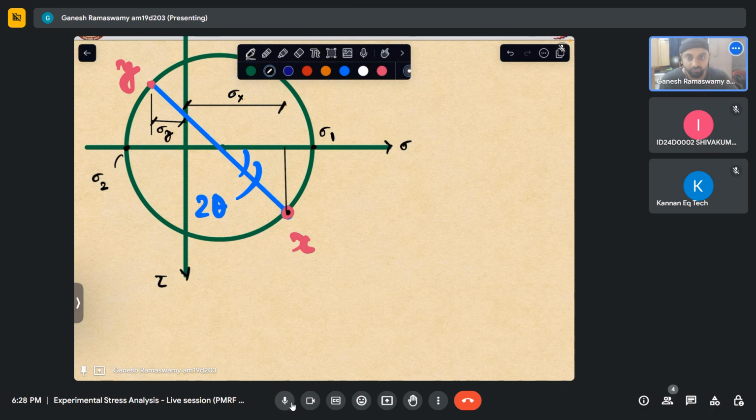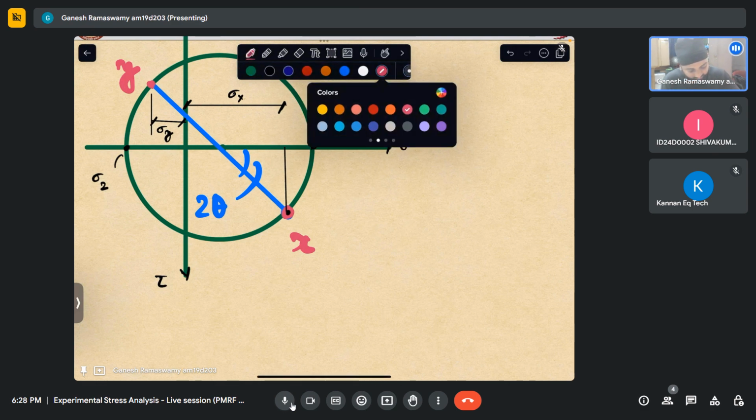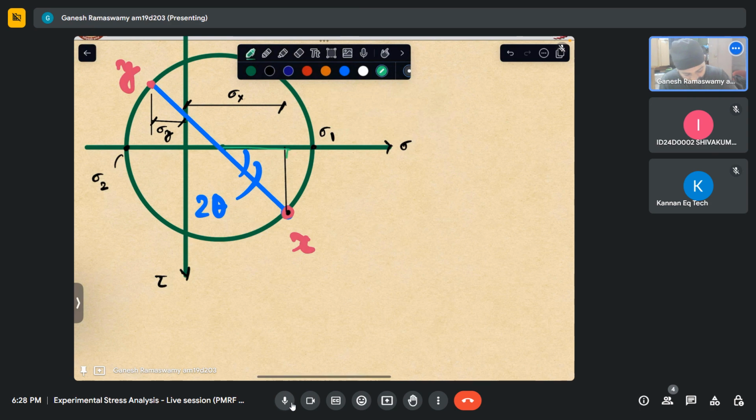So far so good. Now let us consider this triangle. Let me take some other color. Let us consider this triangle, and I'll just take that triangle out. In this is 2 theta. What is the value of this? This is nothing but the radius of the Mohr circle.